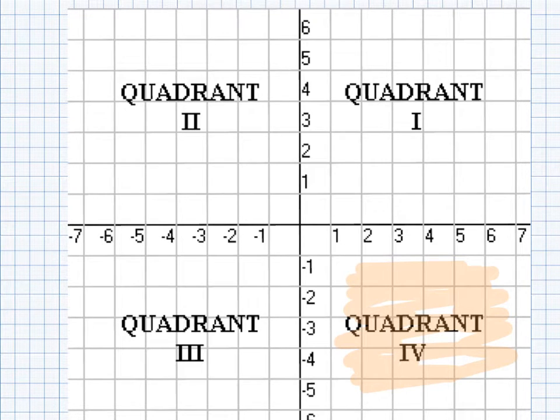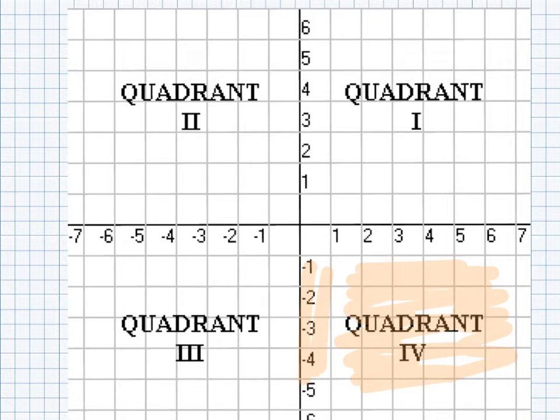So let's look at quadrant 4. If there is a plot in quadrant 4, is it going to have a positive or negative x value? Well, we can already see that we're in the negative y values here, so it is never going to have a positive y value if it's in this quadrant.